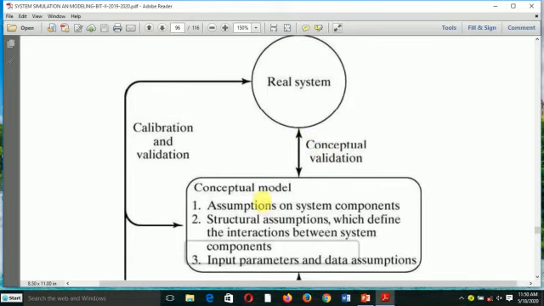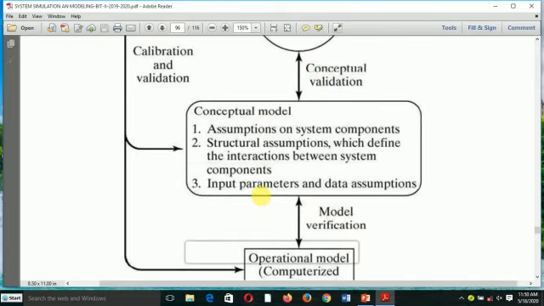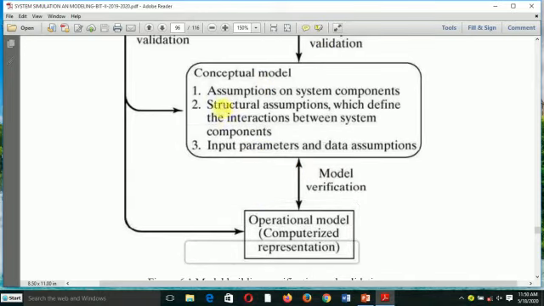So the conceptual model will be like this. Assumption of the system components. You are going to provide assumptions on the system components. It means that it must not be 100% the same. So there will be assumptions, and you are going to provide a structural assumption which will define the interaction between the system components.